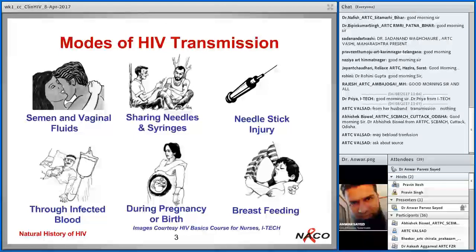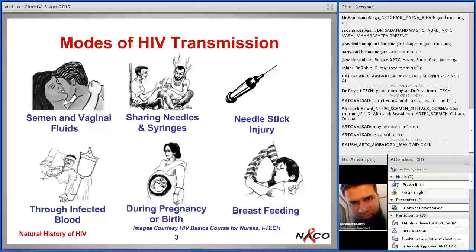So these PWIDs share their needles or drugs, because injectable drugs are expensive, and they don't want to spend much money, so they share the drugs. And when they share needles, there is a risk of cross transmission from one person to another, because they pull the blood first into the syringe and then push, just to ensure whether they are in the vein or not.